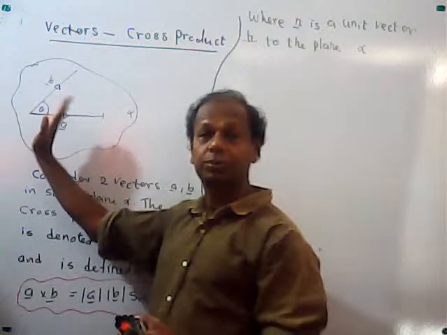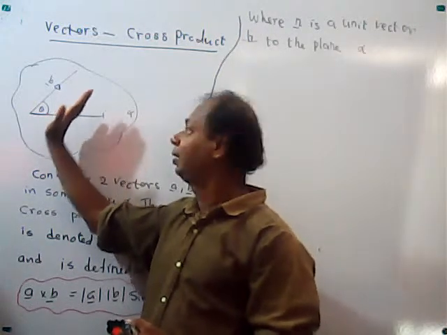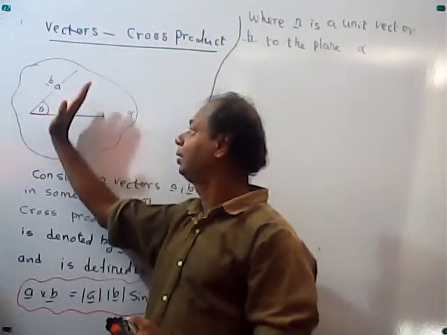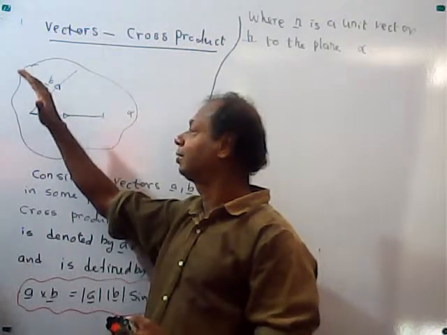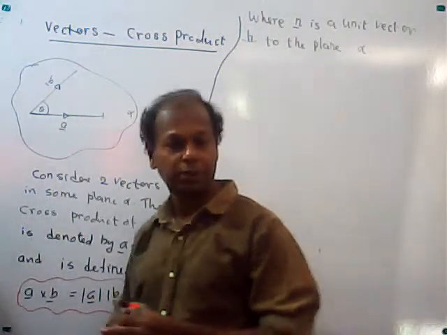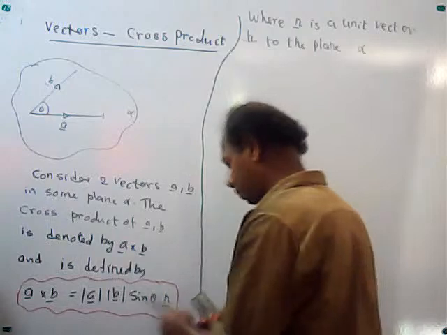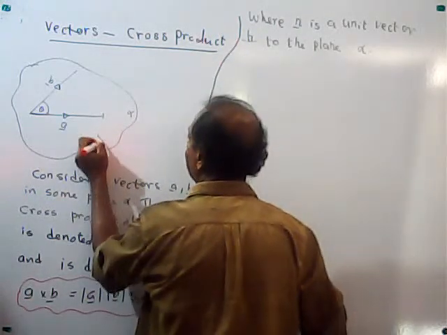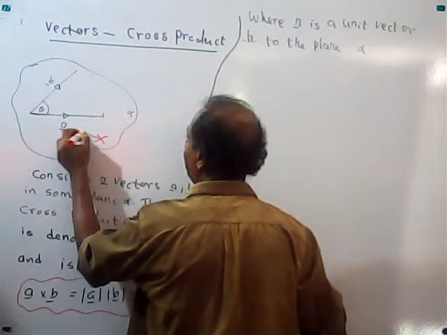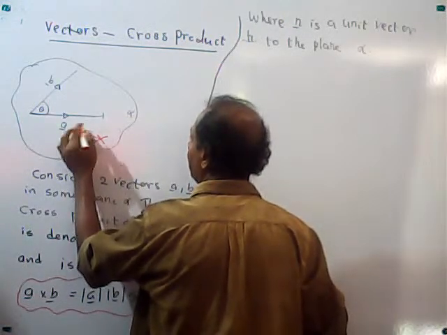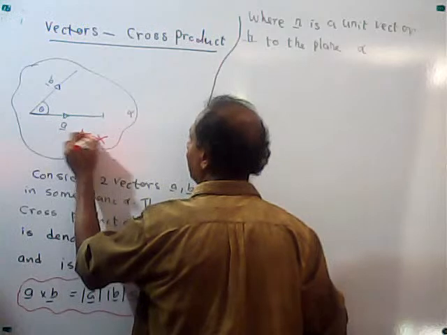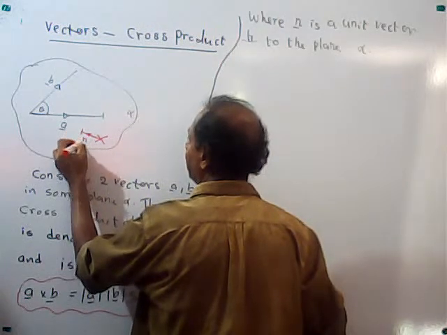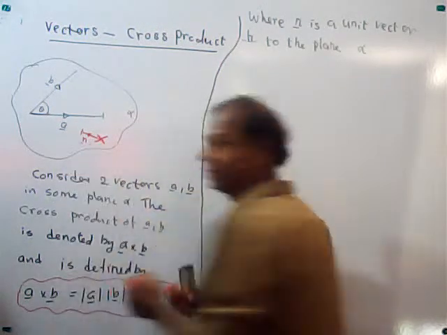So for these two vectors in my diagram, A cross B, the direction is coming out. So for this particular diagram I have drawn, it will be coming out like this.